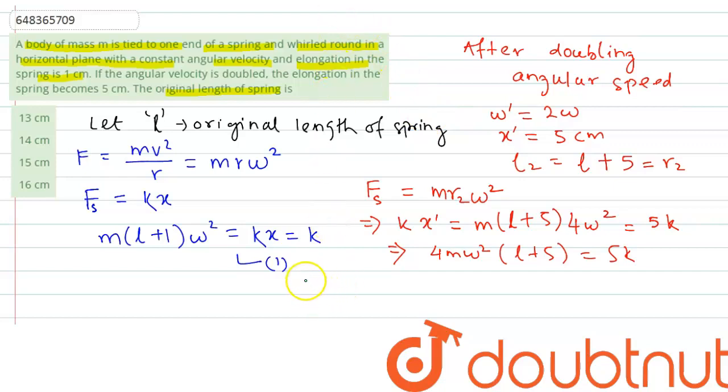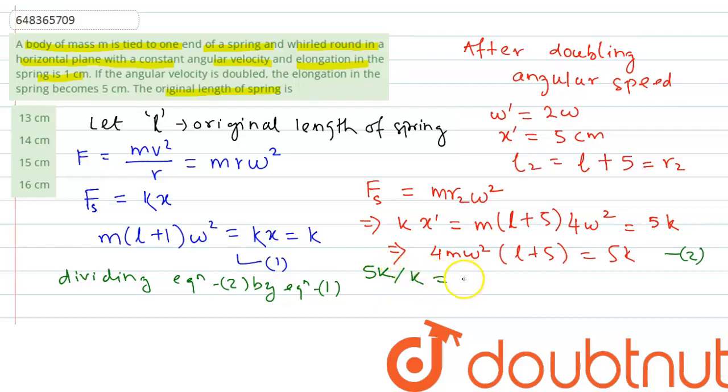So what is happening here? Let us see. So this is equation 2. So from equation 1 and 2, if we divide these two equations, dividing equation 2 by equation 1, we can write 5k divided by k.